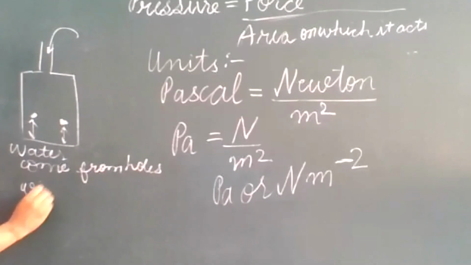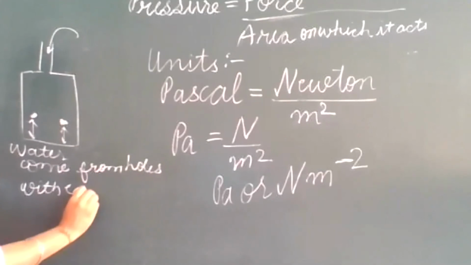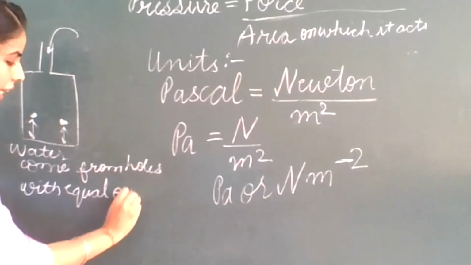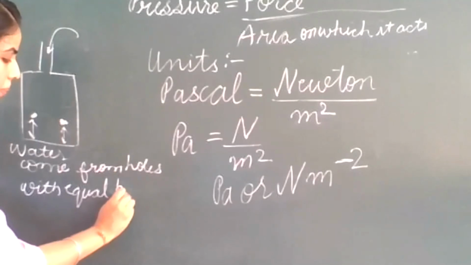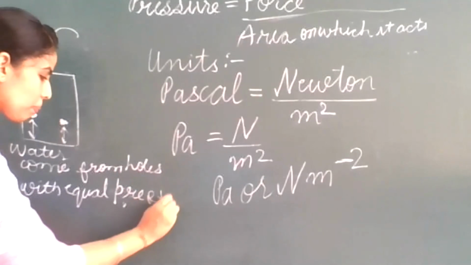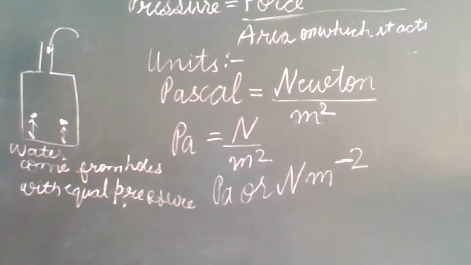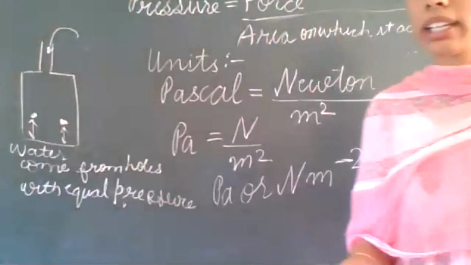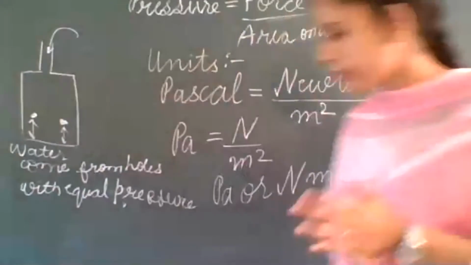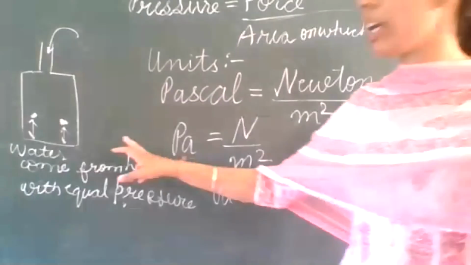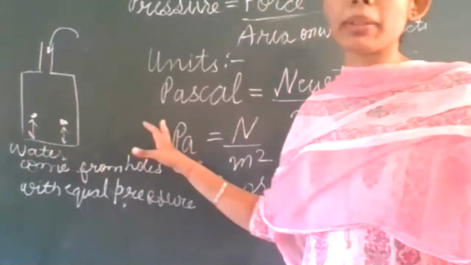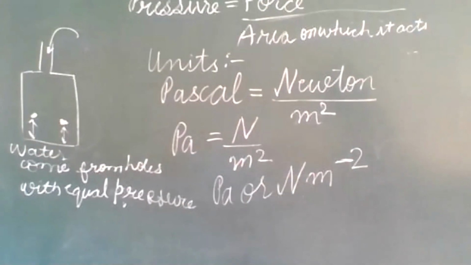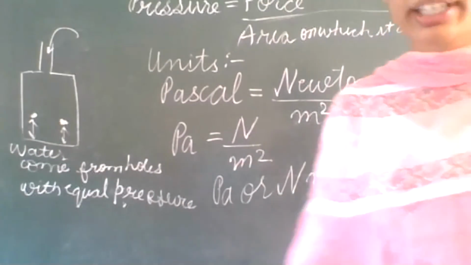So it means that liquids exert pressure at the bottom and at the walls of the container also, and at the same depth. If we make the holes at the same depth, it also exerts the same pressure. Okay, clear?